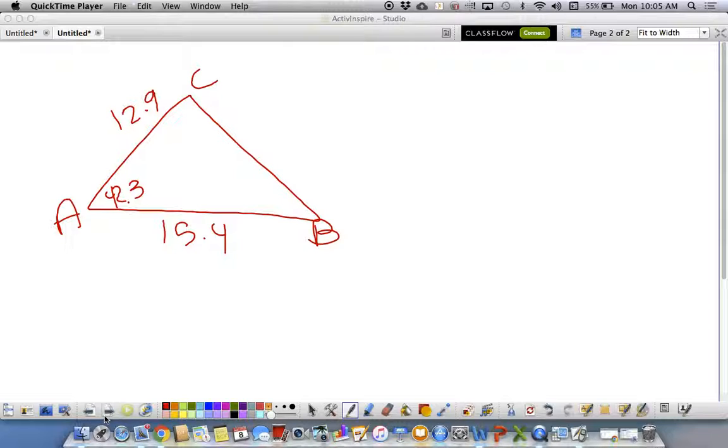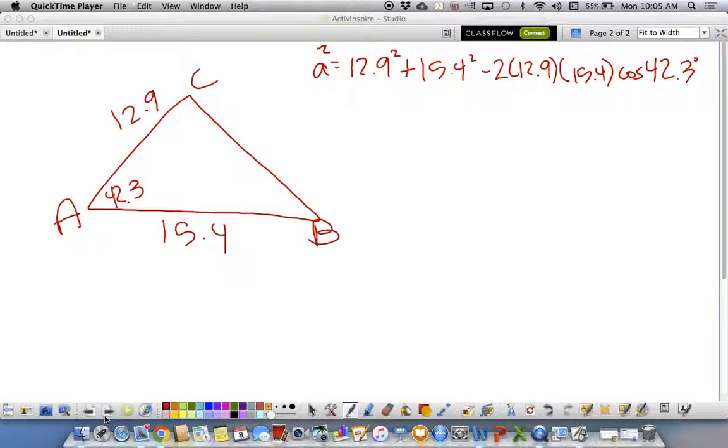This was a problem from Friday, and I started you out finding it. I gave you a squared equals 12.9 squared plus 15.4 squared minus 2 times 12.9 times 15.4 cosine 42.3 degrees. So if you plug all of that in your calculator, and you got 109, so the square root is 10.47.